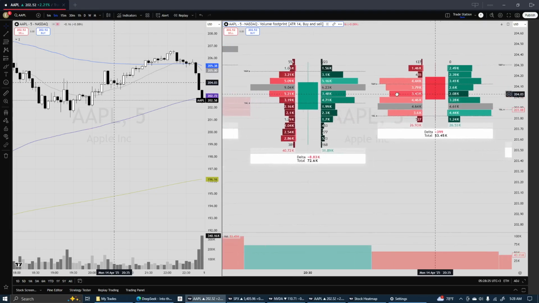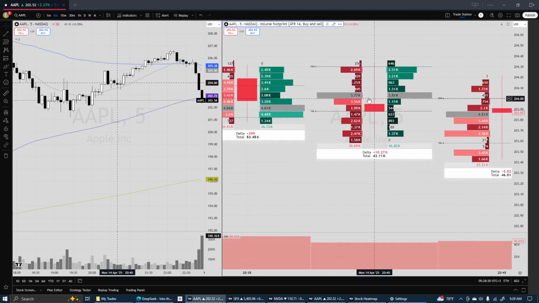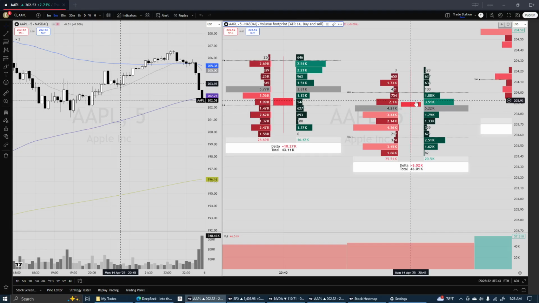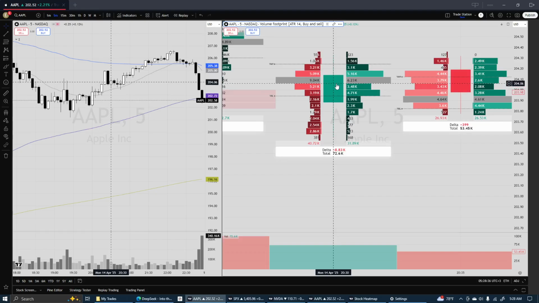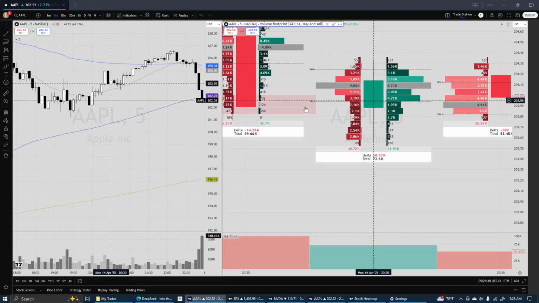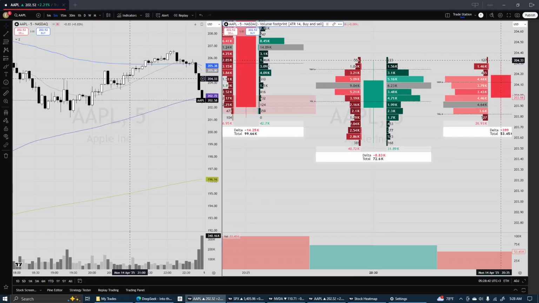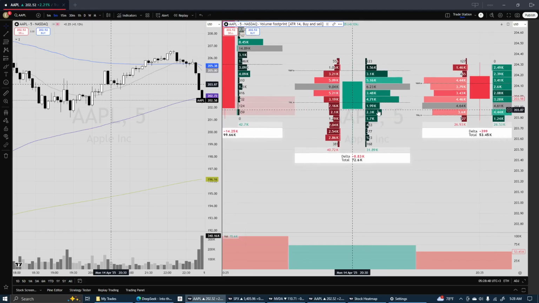The value area high and the value area low overlap for one, two, three, four, five candles, or maybe more. Yeah, five candles. So it was trying to fight the 204 price and figure out where we are supposed to go. And what would happen if we tried to cross the 204 price?